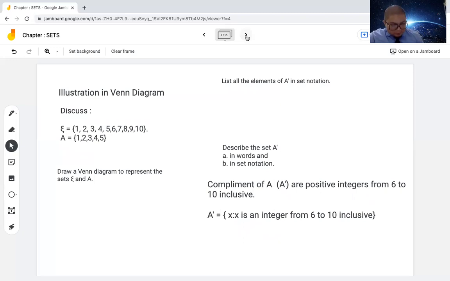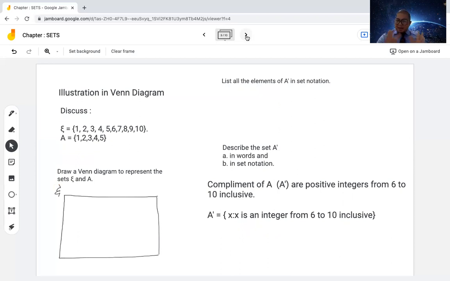Illustrating a universal set in a Venn diagram means that you are going to have a box. This is normal when you are answering a Venn diagram, wherein you have the box. However, in this one, it is indicated that this box pertains to the universal set.